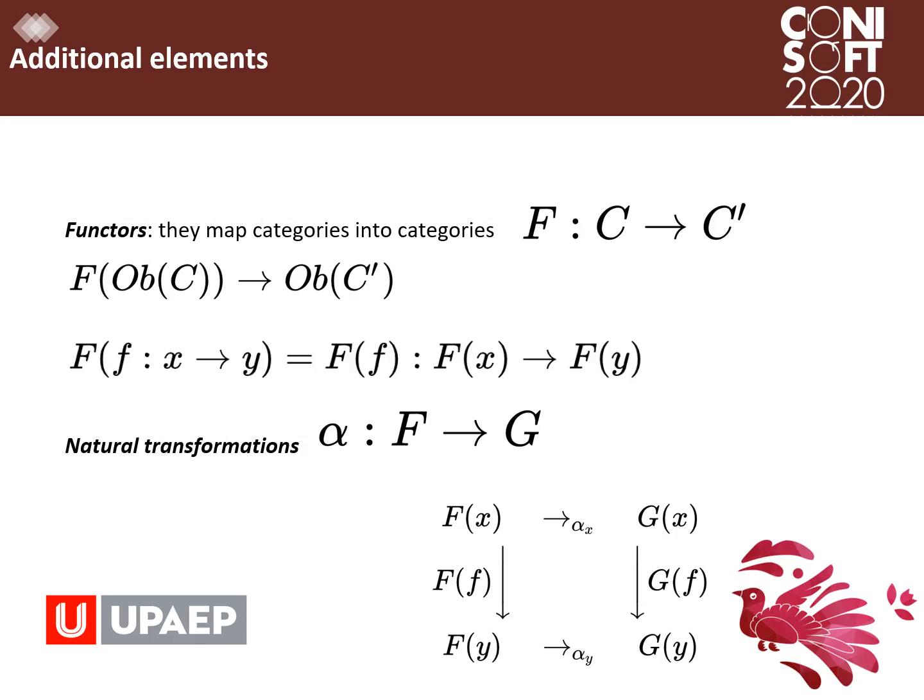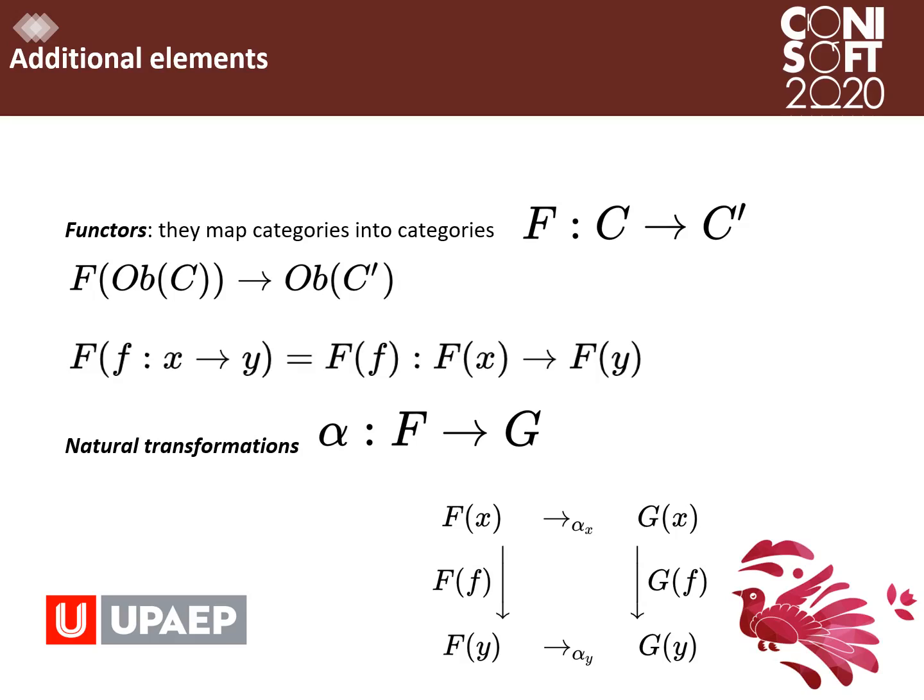One of the main advantages of using categories is the fact that they allow us to link different mathematical structures by using the main properties of their objects. To do that, categories need mapping concepts. So we need to introduce two important mapping concepts for categories. The first one is the functor. A functor is a pair of functions, an object function and a morphism function.